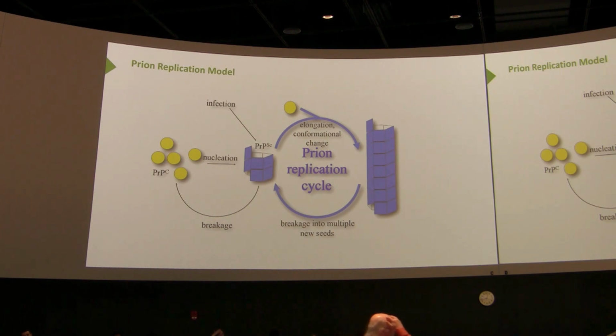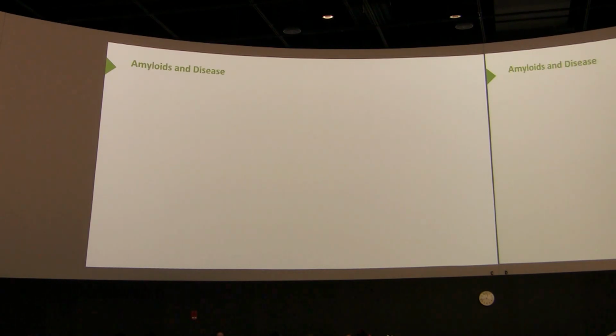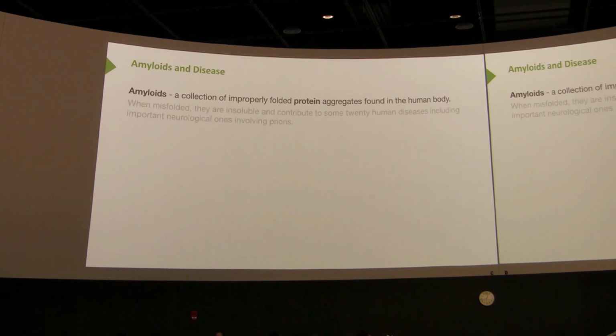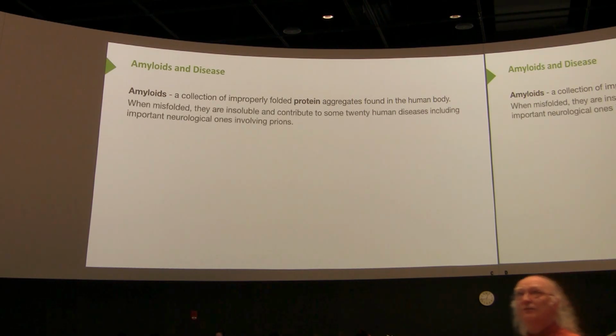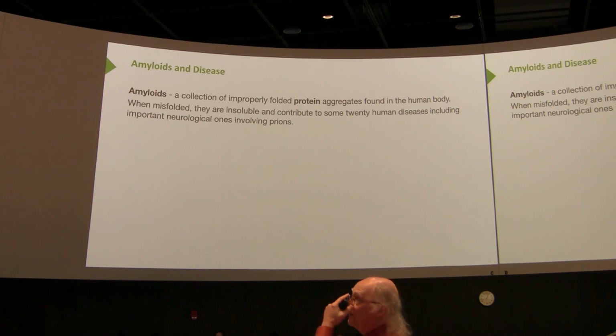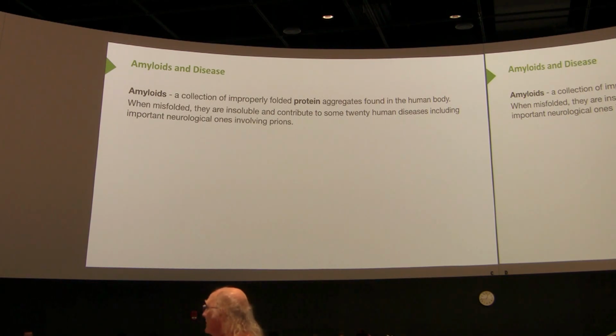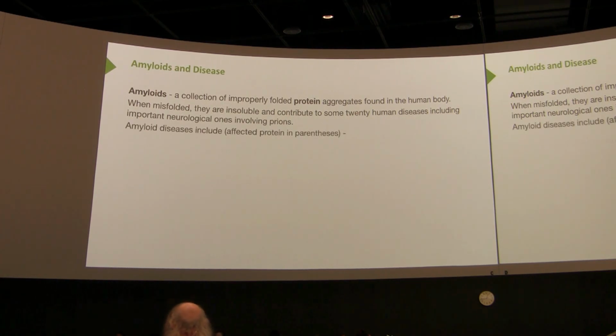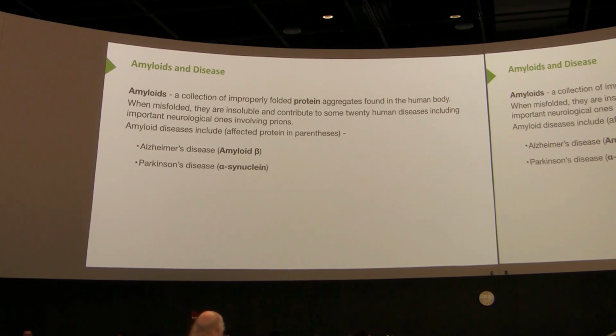Okay, so prions are self-replicating. They're self-replicating in the sense that they just induce the misfolding of properly folded other proteins. These create structures we call amyloids, collections of improperly folded protein aggregates. And amyloids, we know, are factors in several diseases. When they're misfolded, they're insoluble, and there are 20 human diseases. They all involve neurological problems. They include Alzheimer's disease, Parkinson's disease, Huntington's disease.